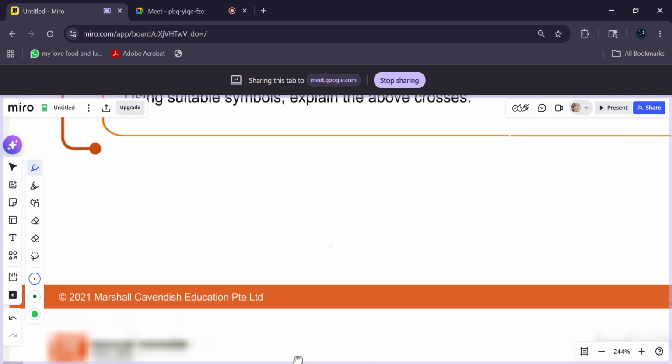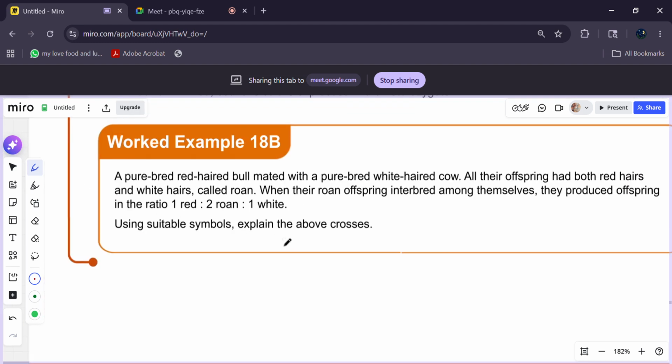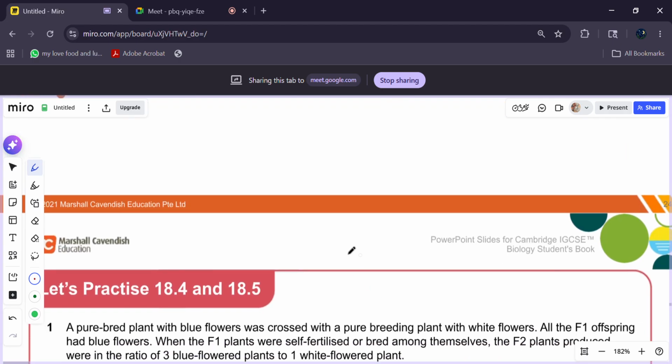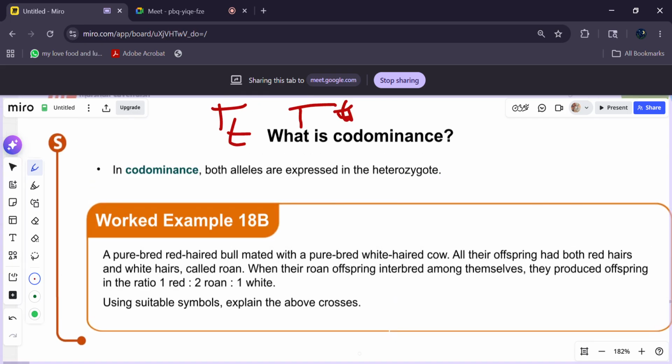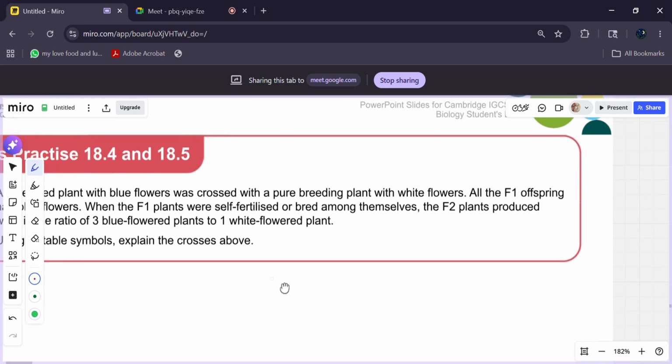Let's move on to some more questions, using distinguishable symbols to explain the above crosses. You can see the red-haired bull and the white-haired cow. I want you to explain this using crosses. Well, this is a worked example. Explain it using crosses. Now here's the actual question. Let's practice.